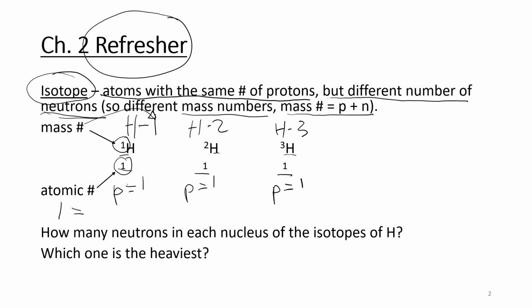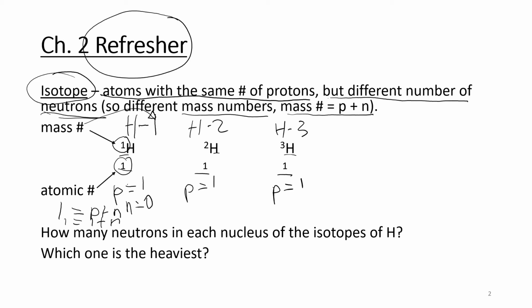That's going to equal our protons plus neutrons. So if we have one proton, we have 1 is equal to 1 plus n. N must be 0.